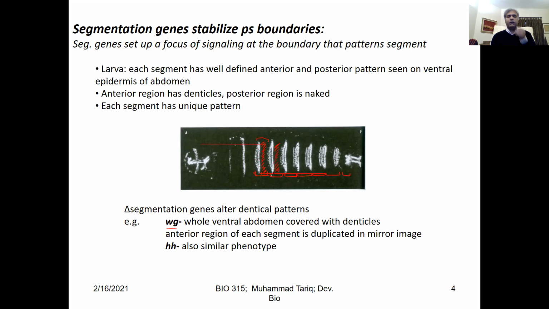And when we had a hedgehog mutant, we saw that the phenotype was the same. That provided us a clue that hedgehog and wingless work together. In the last lecture, we learned that at the anterior-posterior compartmental boundary, the cells lying at the boundary are actually communicating with each other.